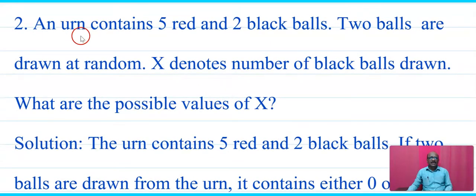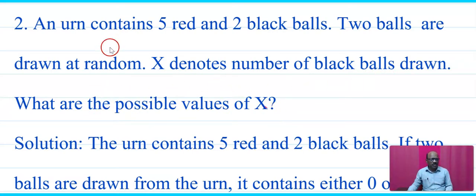Next, an urn contains 5 red and 2 black balls. 2 balls are drawn at random. X denotes the number of black balls drawn. What are the possible values of X?